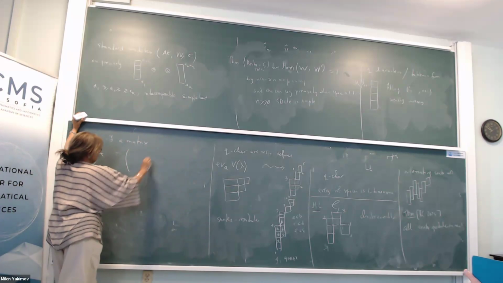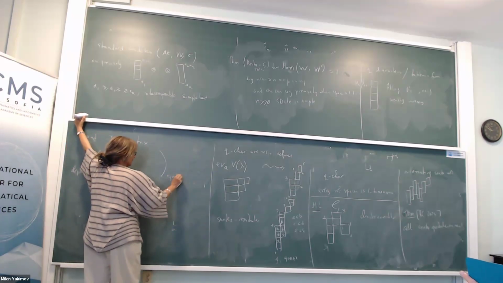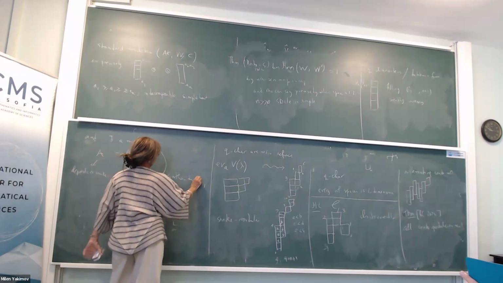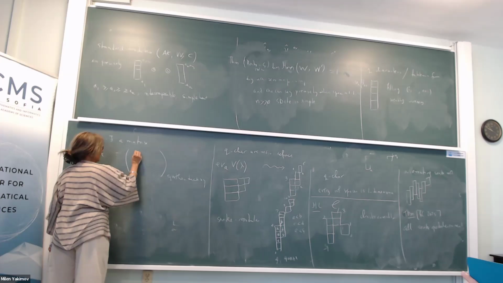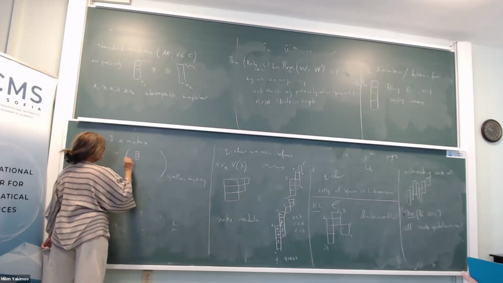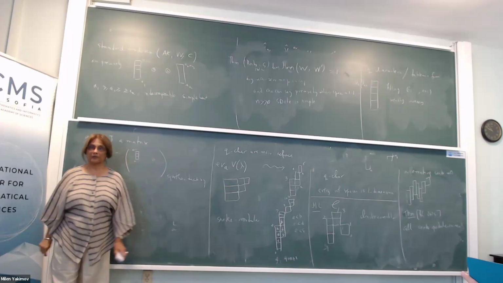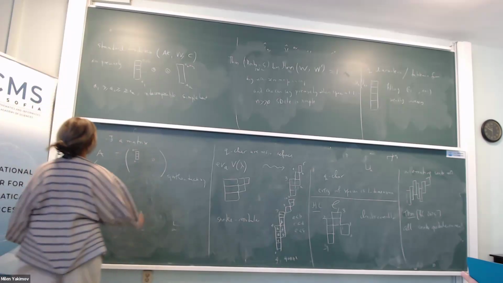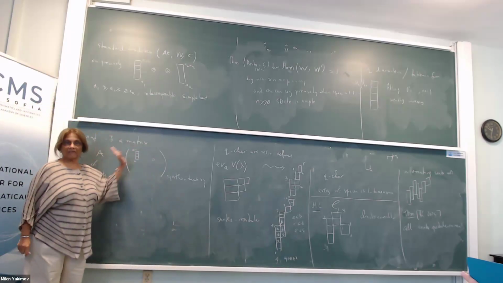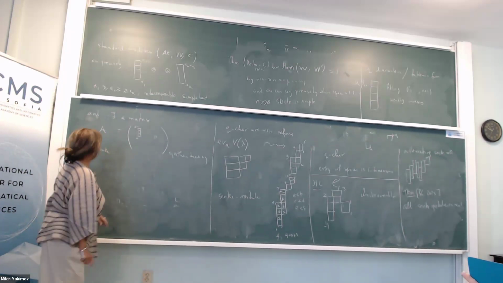And this matrix will have entries in the Grothendieck ring. The entries will always be either a fundamental representation or zero. Those are the only possible entries that you're allowed. It can vary which fundamental representations can appear.